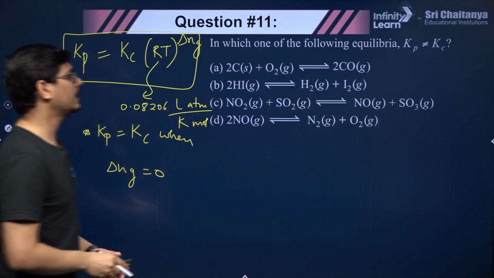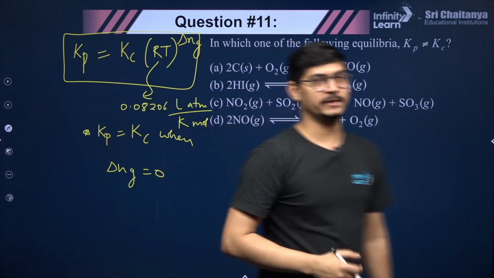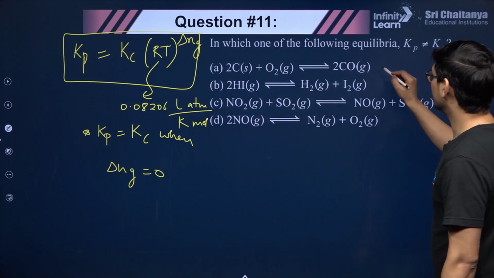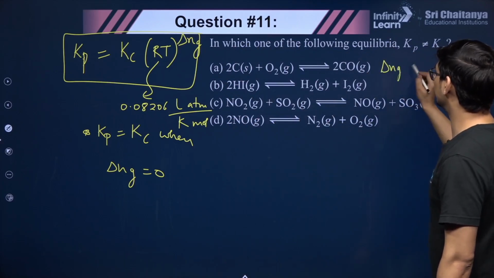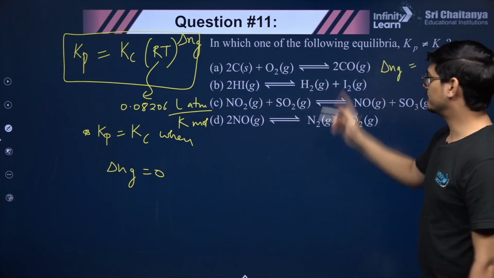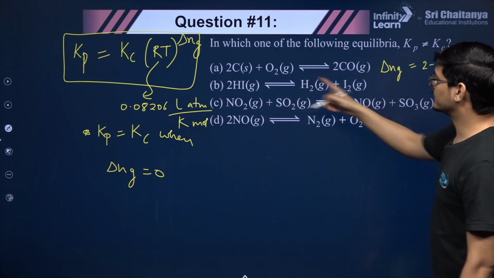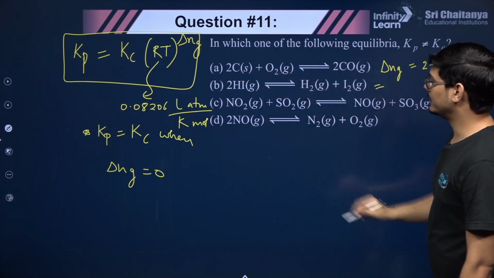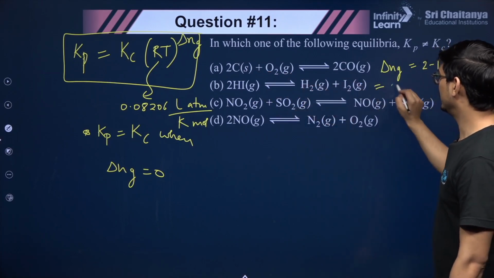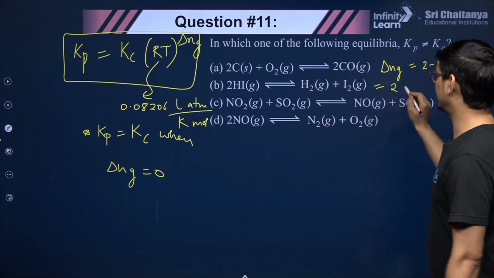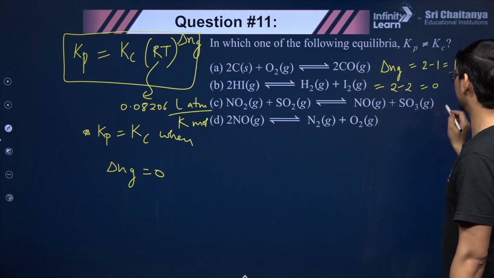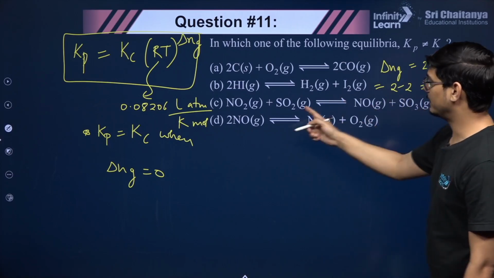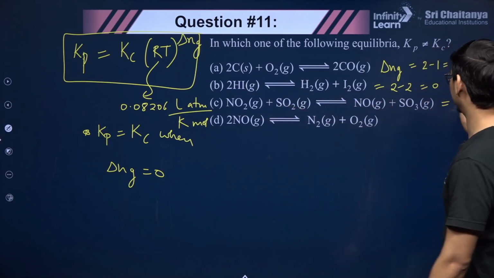Let us look here. Let us calculate the value of delta Ng in all the four cases. Here the value of delta Ng would be the gaseous moles of products, which is 2, minus reactants, which is 1. So delta Ng is 1. Here there are 2 moles of gases on the product side and 2 on the reactant side, so that is 0. Here also 2 and 2, so again 0.